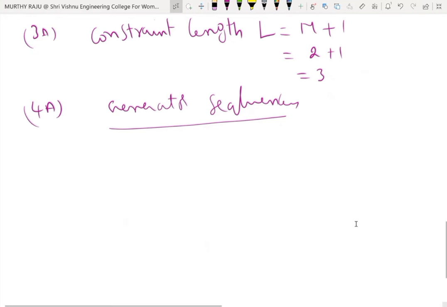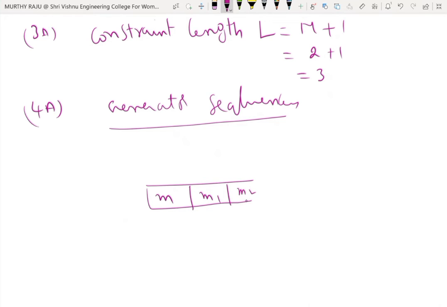Again, I will redraw the circuit diagram here. This one is m, m1, m2. Input to the convolutional encoder is the impulse function.